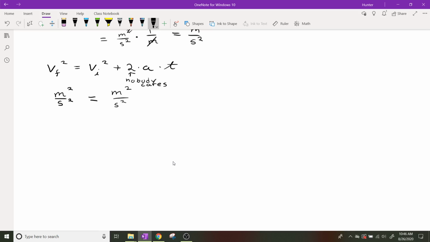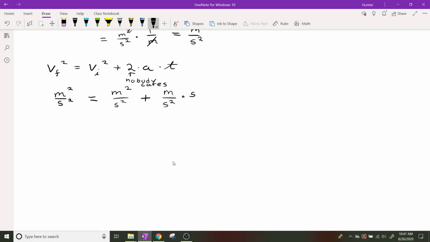Like if you say 2, 2 what, right? So this 2 there doesn't matter. It doesn't have a unit associated to it. So I'm just going to say plus, and I'm going to ignore the number completely. And I'm going to say that my acceleration is measured in meters per second squared, and my time is measured in seconds. What cancels here?